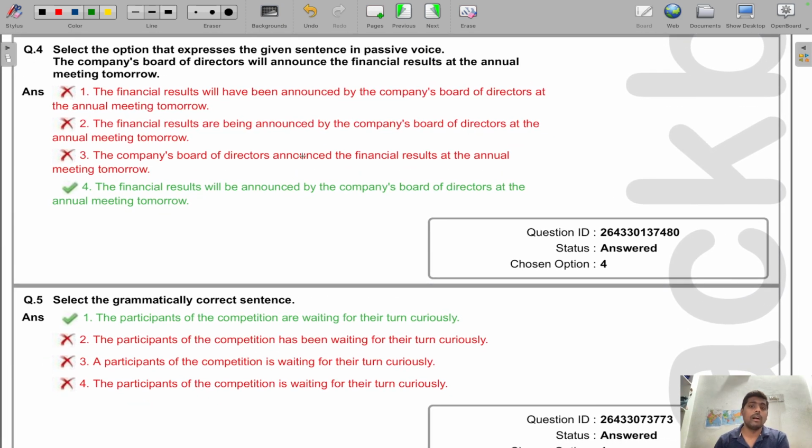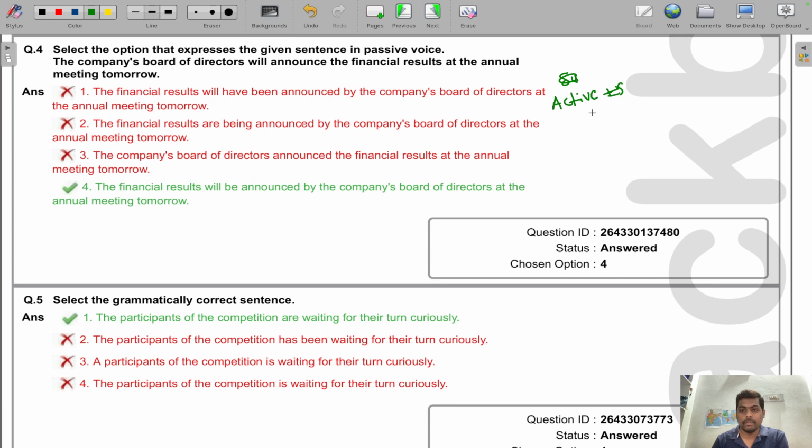They're asking for the passive voice for this one. The company's board of directors will announce the financial results at the annual meeting tomorrow, guys. It is in simple future tense. In simple future tense, the active voice will be like this; just make a note of this if you don't know.